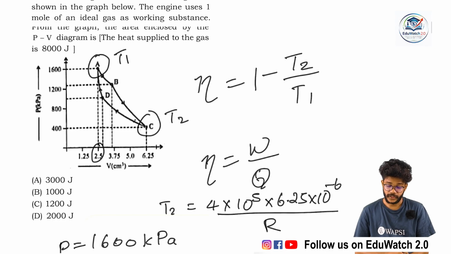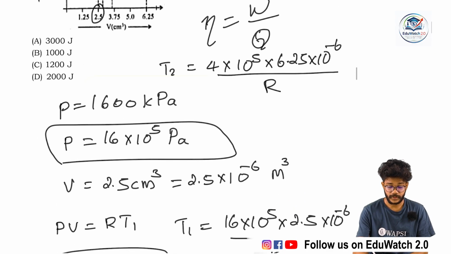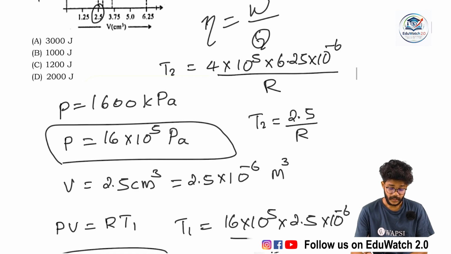So 24 plus 1 is 25. 25 into 10 raised to minus 1 is 2.5. So T2 is 2.5 by R.